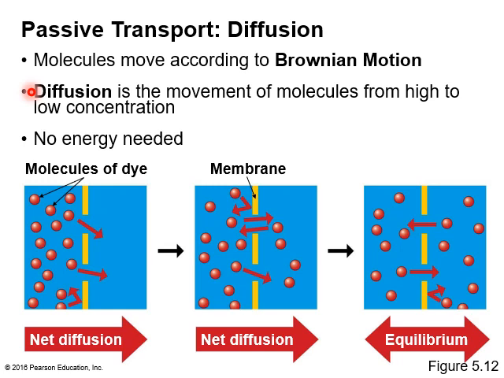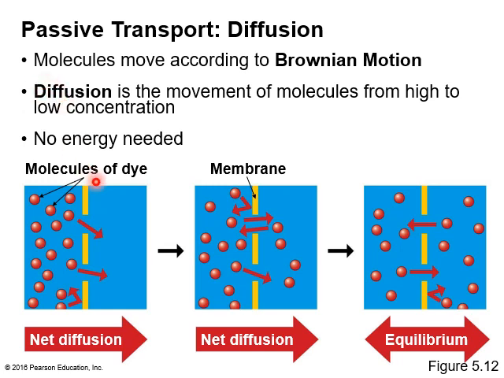Those sugar molecules at the bottom of the glass, where there's a high concentration, are going to diffuse out to the part of the glass that has a low concentration of sugar molecules, right? So they diffuse from where there's a high concentration to where there's a low concentration. And this is just what they do on their own, just according to Brownian motion. So no energy is needed for this to take place.